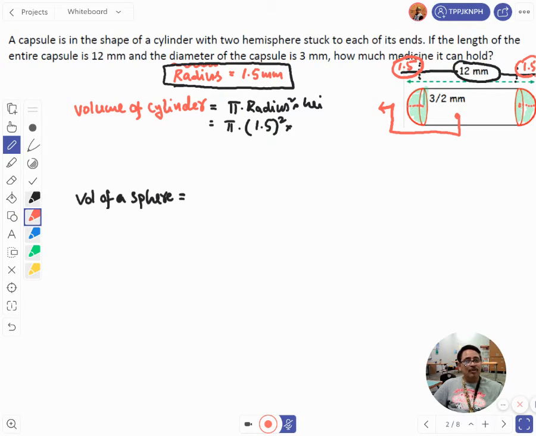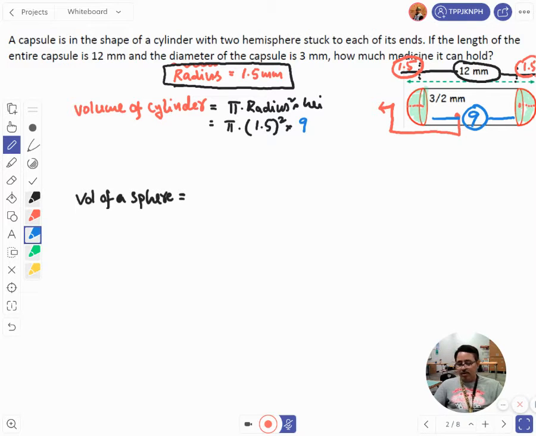So technically 1.5 and 1.5 means I have to take away 3 millimeters. From 12, if I take away 3 millimeters, then the cylinder height is going to be 9 millimeters. That's what I'm taking here. Now let me quickly grab my calculator. Pi is 3.14 times 1.5 square times 9.